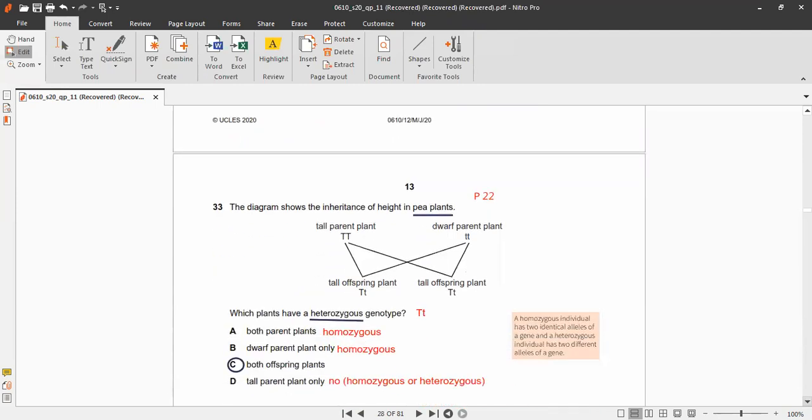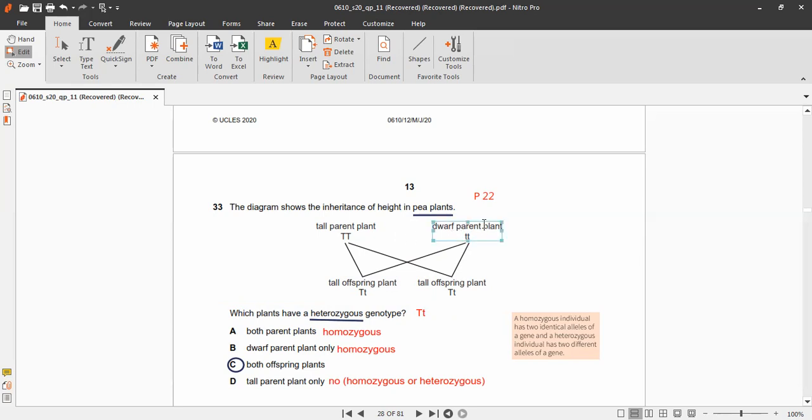The diagram shows the inheritance of height in pea plants. Which plants have a heterozygous genotype? Yes, both offspring plants have a heterozygous genotype. What about the parent plants? No, the parent plants are both homozygous.